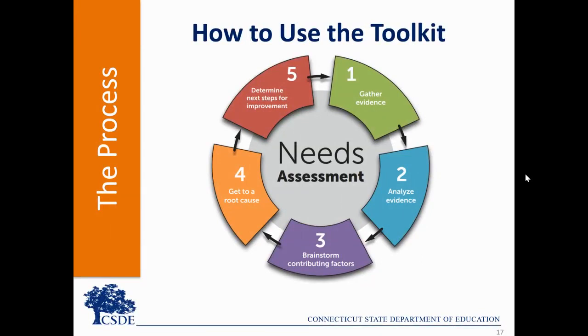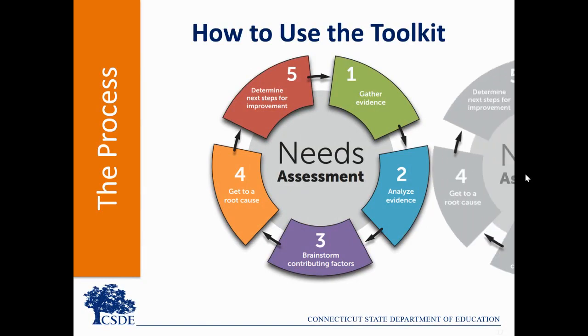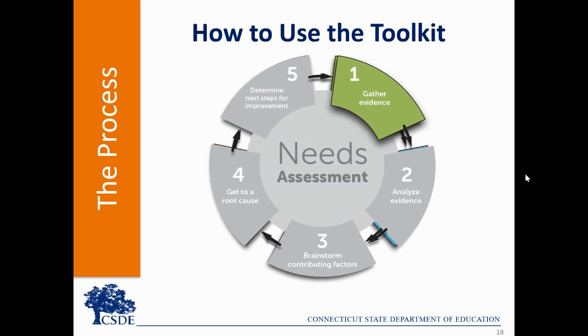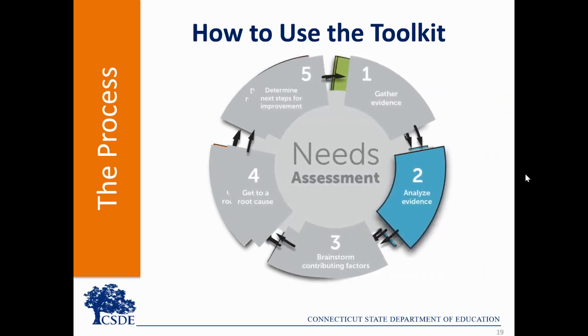How does the team use the toolkit? As we said before, there are 5 steps to the process, and each step builds upon the work of the previous step. If the team skips step 1, gather evidence, because there is a notion that you already know what the problem is, the foundation of the work will be weak and it may fall short of addressing a true root cause. Throughout the process, we have included tools to help you through each step.